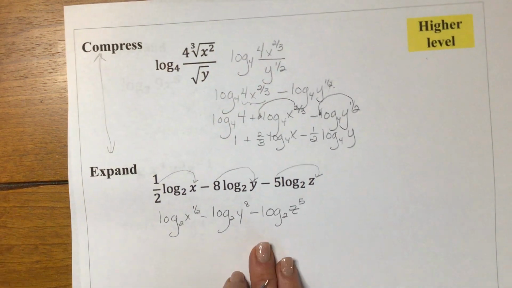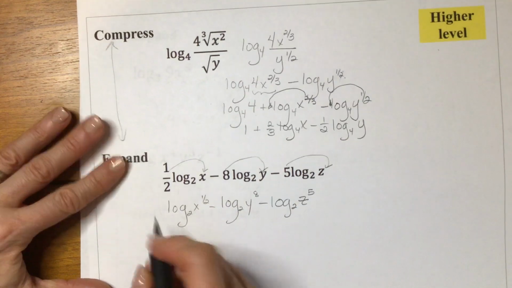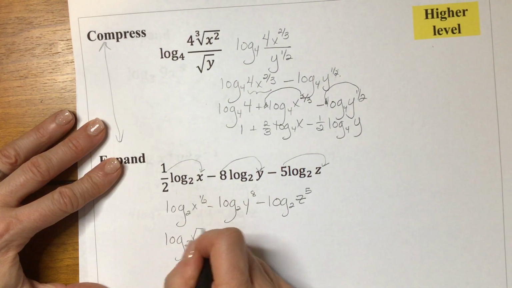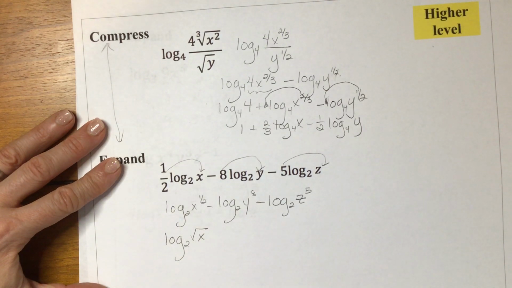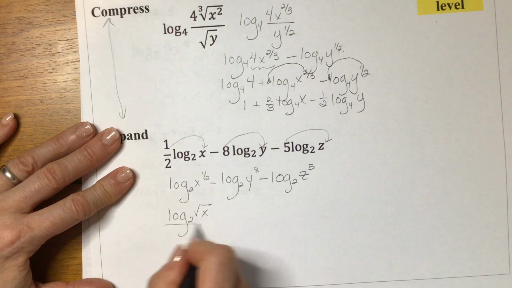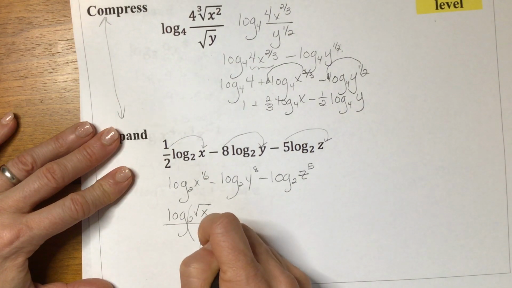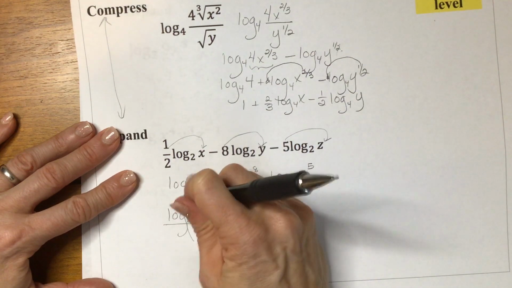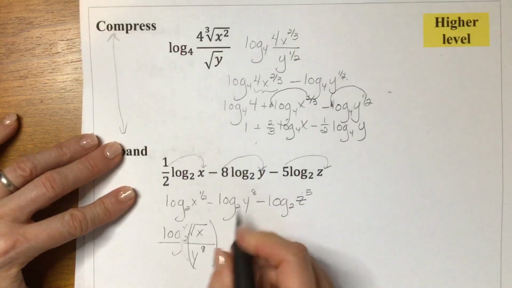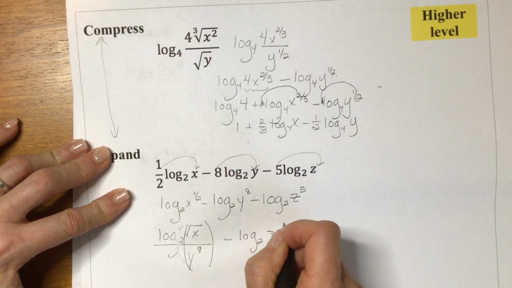So going in order, I'm going to have log base 2, and I'm going to put this now in square root form, or you could have left it to the 1/2. It doesn't matter. And I know that is divided right now by y to the 8th. I'm doing this just one step at a time so you guys can see what happens. And that's still minus log base 2 of z to the 5th.